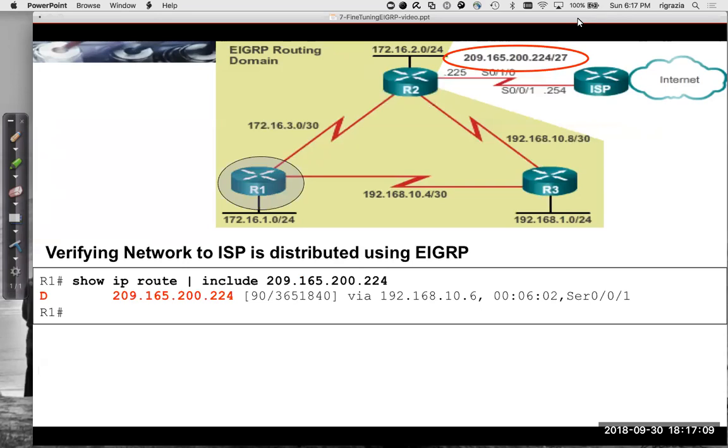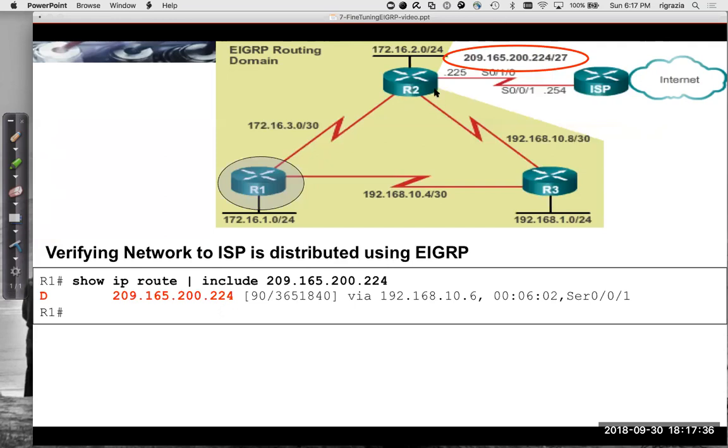This is verifying on R1 that, in this case, we've distributed this network into EIGRP, which you may or may not want to do. If we are including 209.165.200.224 as a network statement, then we're including that and sending that as a network.